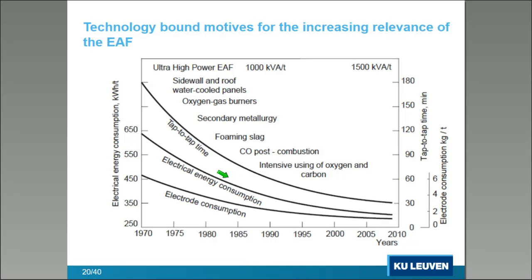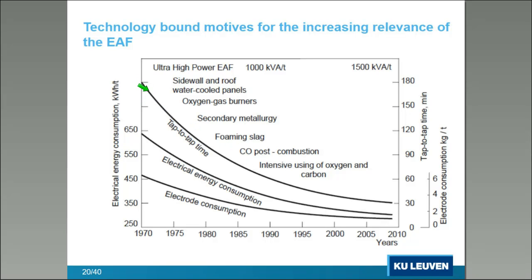And then thanks to technological developments, which are inventoried here, I will not go into the detail, but sidewall and roof water-cooled panels, oxygen gas burners, progress in metallurgy, the foaming slag, I will show some examples later on, the post-combustion, the intensive use of oxygen and carbon, all these technological developments had a huge impact on the performance of the electric arc furnace.